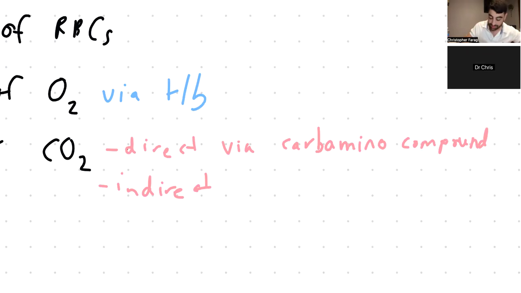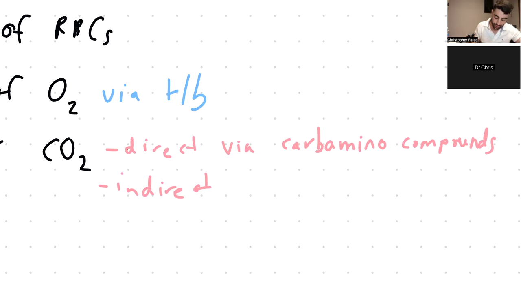So essentially, carbon dioxide can bind, and it is, in fairness, a smaller proportion of how carbon dioxide is transported around our body. Majority is via bicarbonate, HCO3 minus. But carbon dioxide can also be transported by carbamino compounds, which is when carbon dioxide can react with hemoglobin.